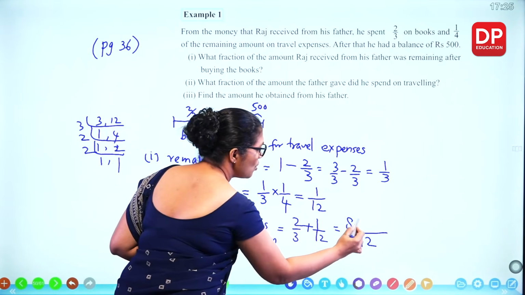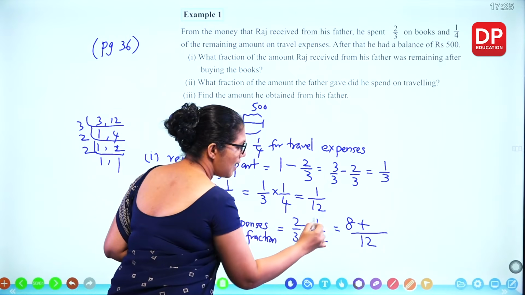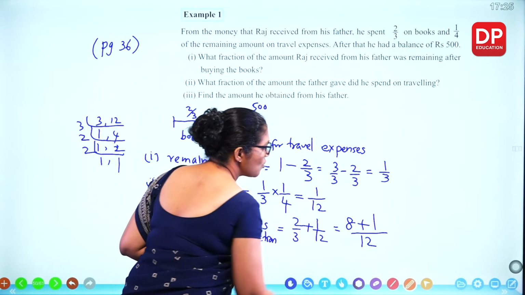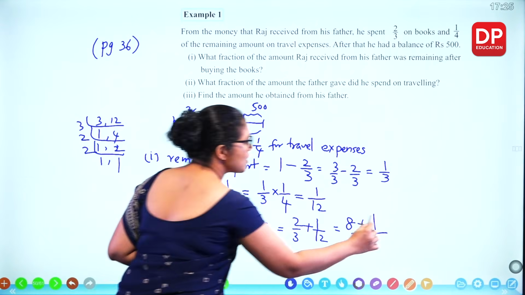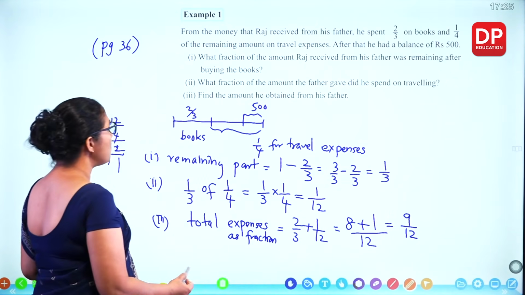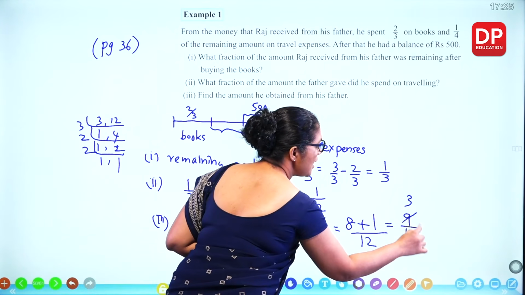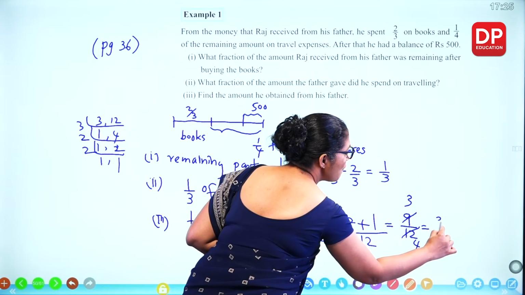4 times 2, 8. If you take this one, you take the same denominator, so no need to convert. So 8 plus 1 becomes 9/12. If you simplify this, you get 3 times 3, 3 times 4, 3/4.